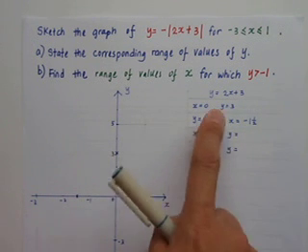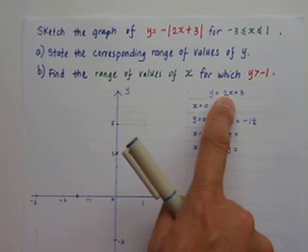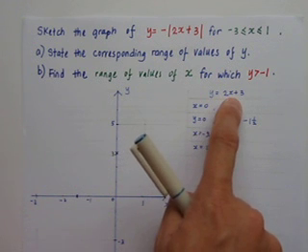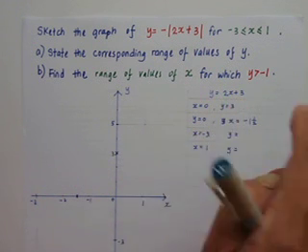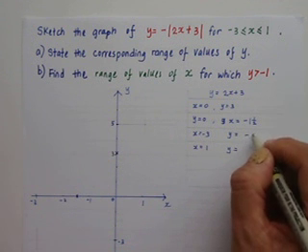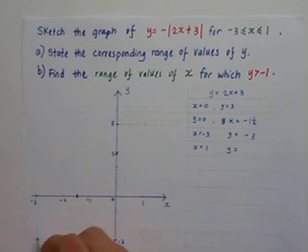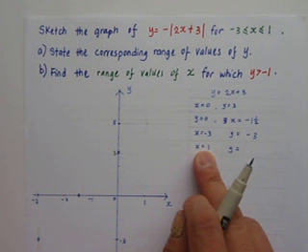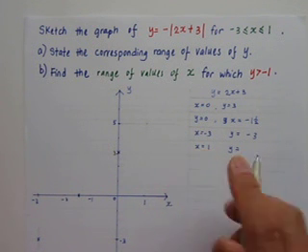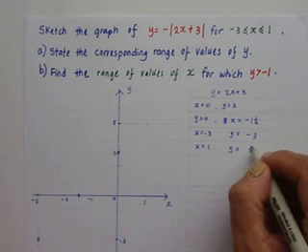When x is minus 3, you get minus 6 plus 3, which is minus 3. When x is equal to 1, you have y equals 5.